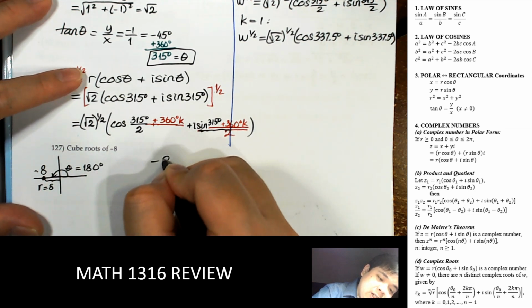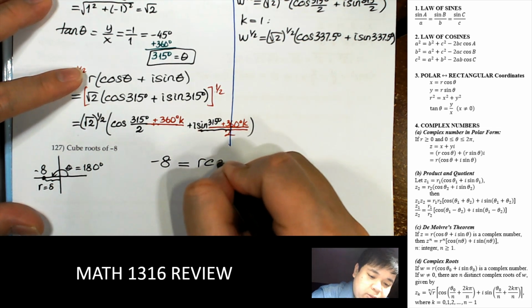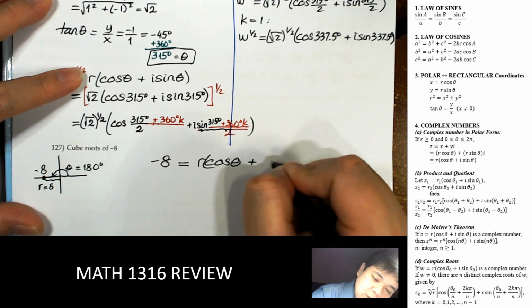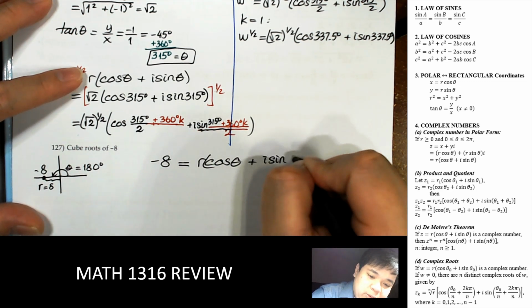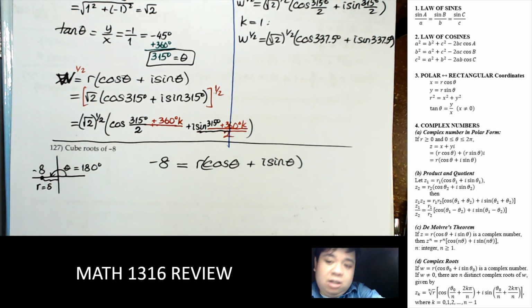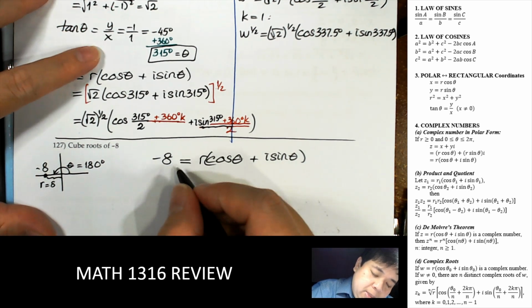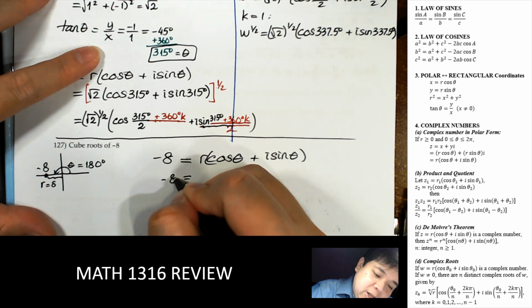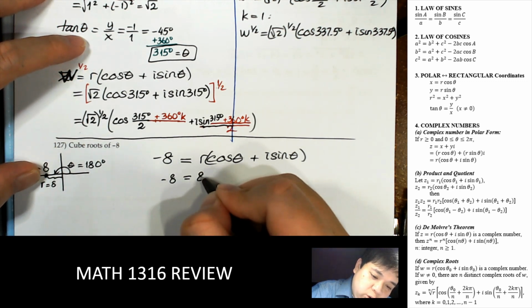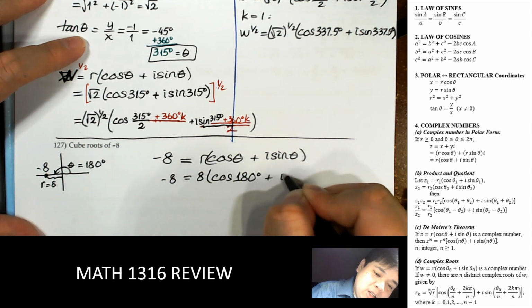Forgot to write the timestamp, so that's at 142.30. So negative 8 is equal to the modulus 8, the angle is 180 degrees, in polar form. So we can write like this.